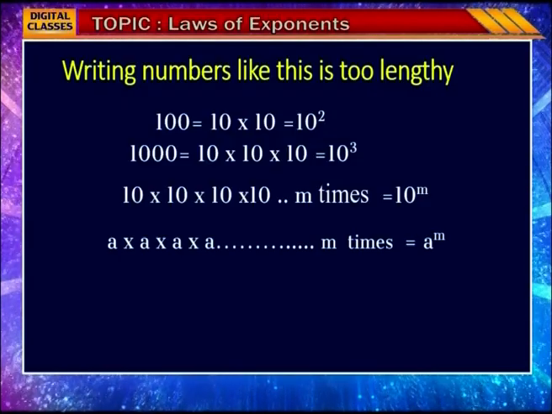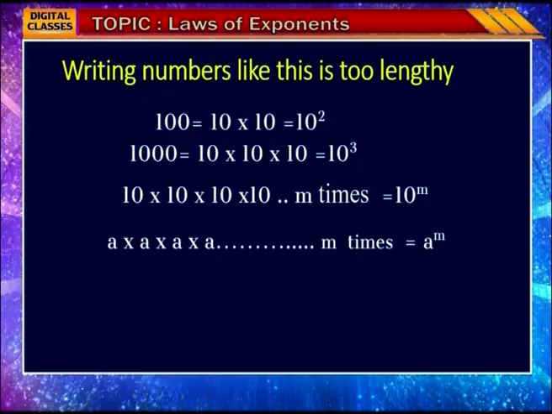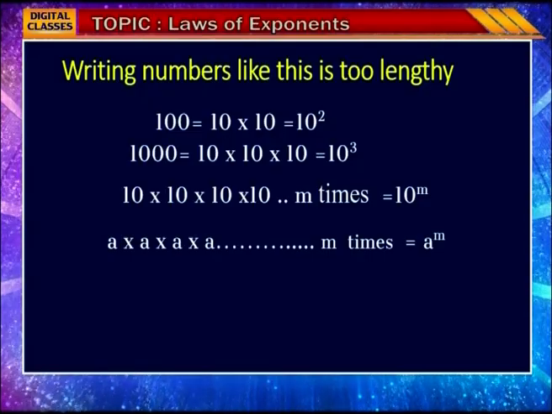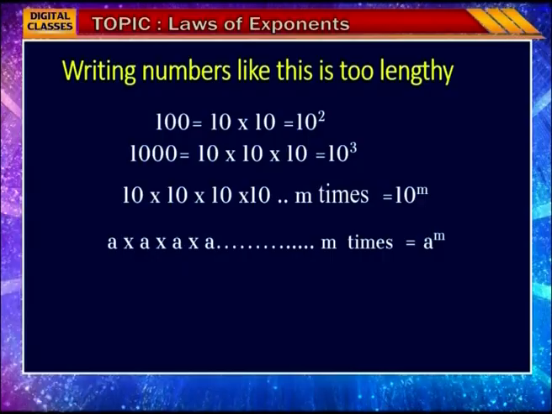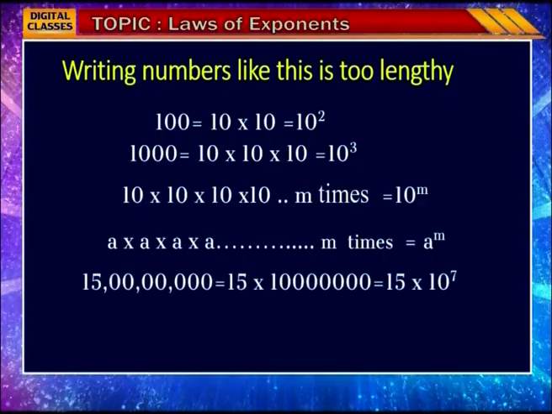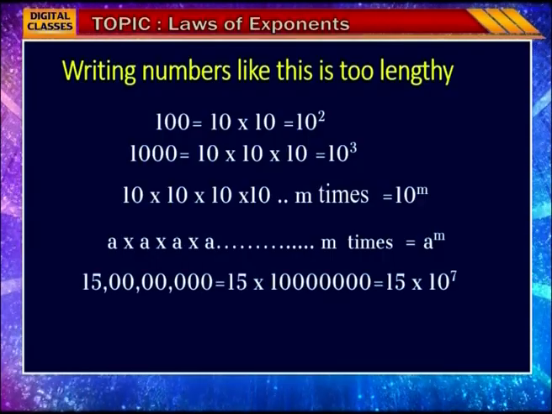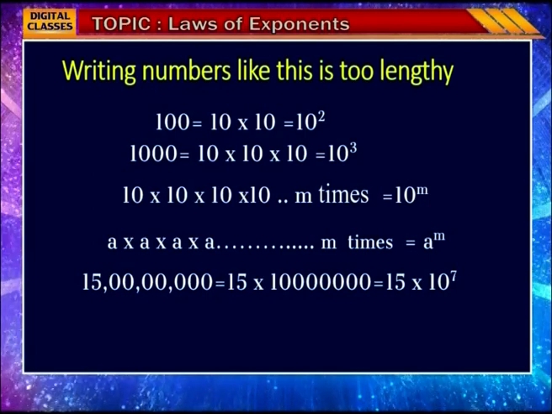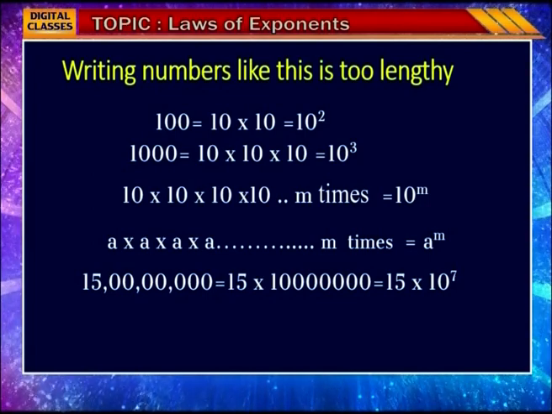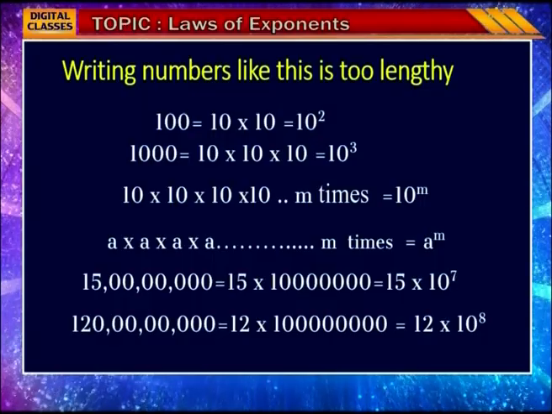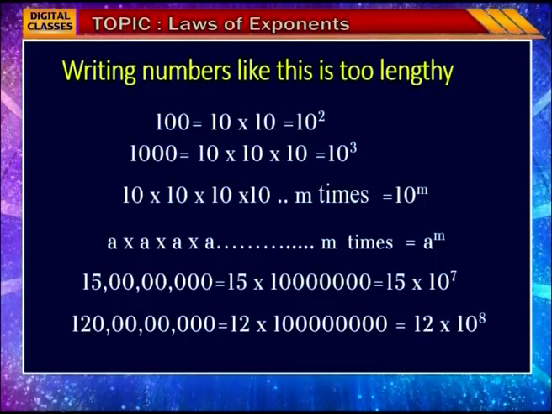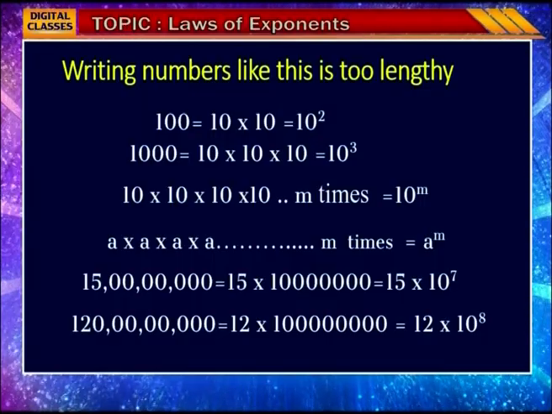Look here, a is multiplied m times, so you can write it as a to the power of m. Like 15 crores can be written as 15 into 10 to the power of 7. And 120 crores can be written as 12 into 10 to the power of 8.